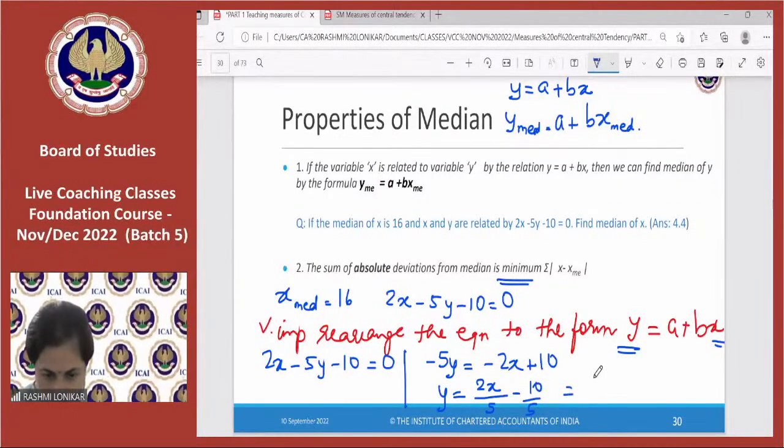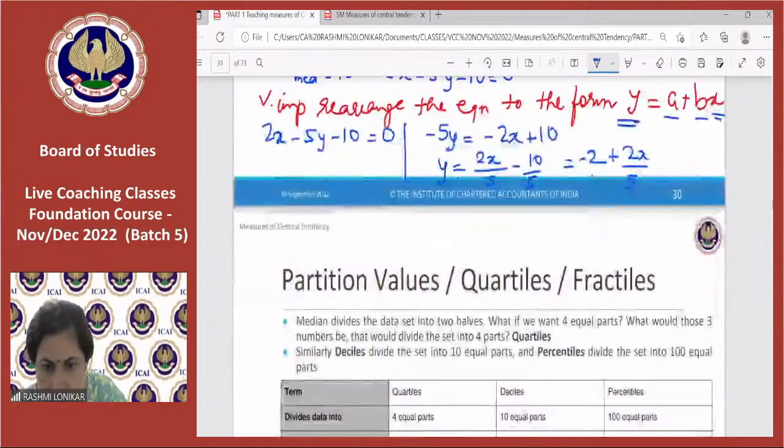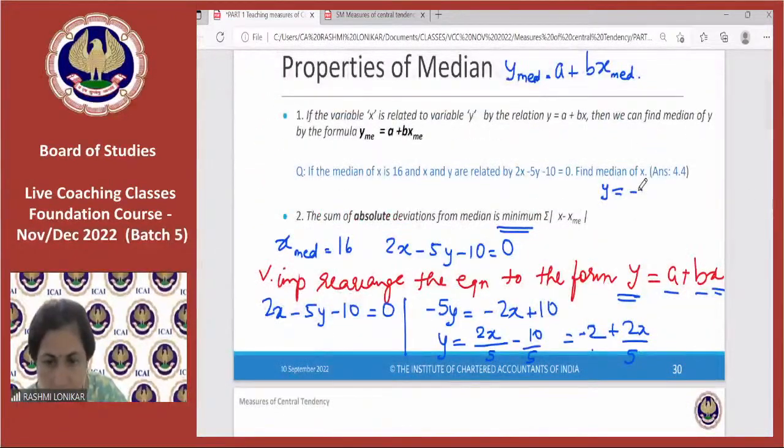This is equal to minus 2 plus 2x upon 5, because I want a first and bx later. So the equation I have got is y is equal to minus 2 plus 2x upon 5.